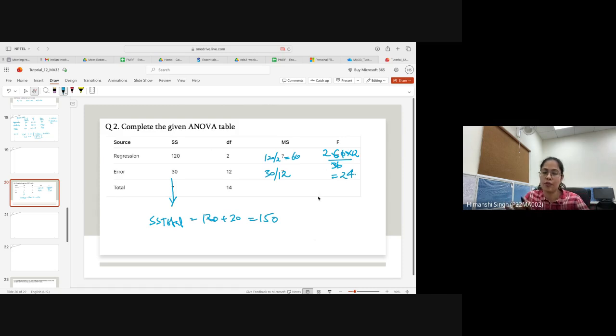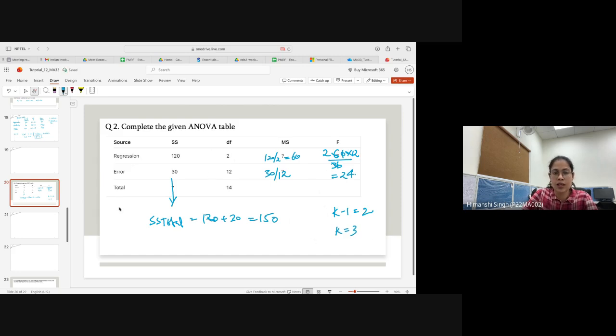Okay, so now from this ANOVA table, we can also conclude what the model is. If I talk about the regression, the degrees of freedom is k minus 1. So k minus 1 here is 2, which implies that k is 3.